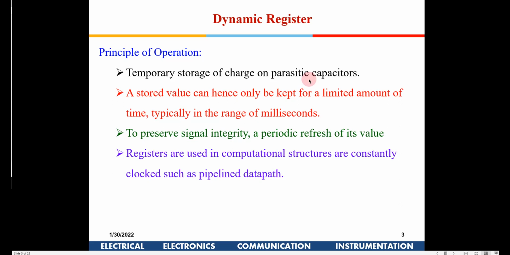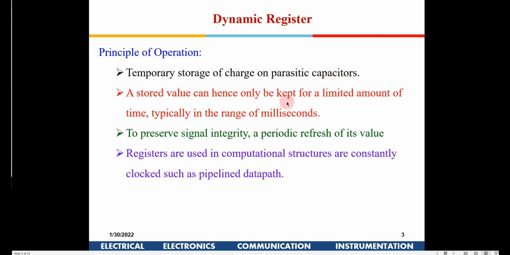So we are going to feed some 0 or 1 there, and then the input line becomes a high impedance line, whereas there is no path available for the charge to get discharged. So it can hold that charge, but over a period of time, through the off resistances, it is going to get discharged. So it is only temporary storage.